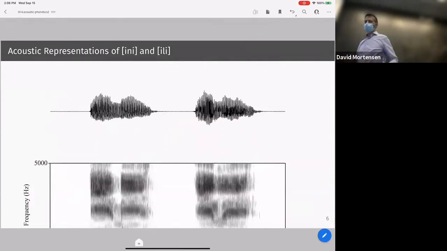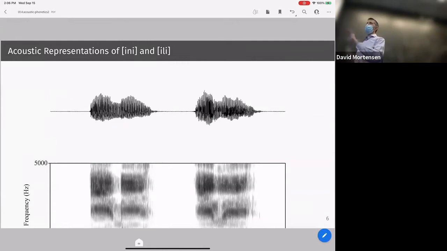So this pair of waveforms and spectrograms illustrates another interesting acoustic thing that has to do with nasals and laterals. So you might not think nasals and laterals, like N and L, have a lot in common.